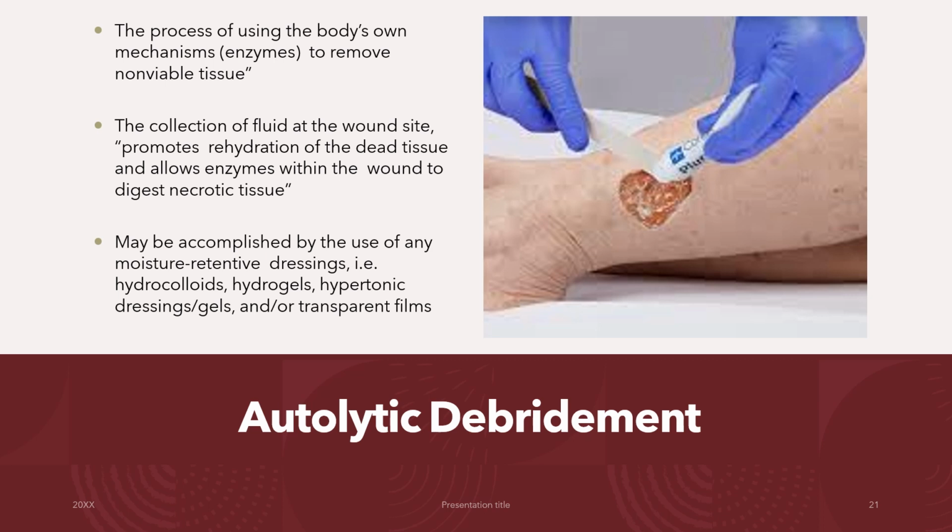So what's autolytic debridement? Autolytic debridement is the use of the body's own enzymes to remove non-viable tissue. The collection of fluid at the wound site promotes rehydration of the tissue and allows enzymes within the wound to digest necrotic tissue. It may be accomplished by the use of any moisture-retentive dressing like hydrocolloids, hydrogels, hypertonic dressings, and gels.